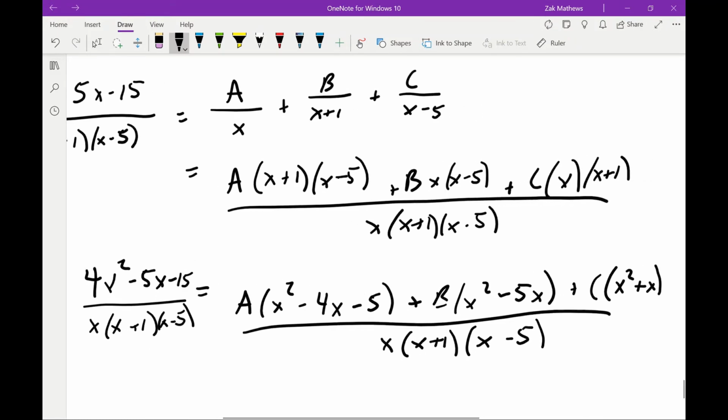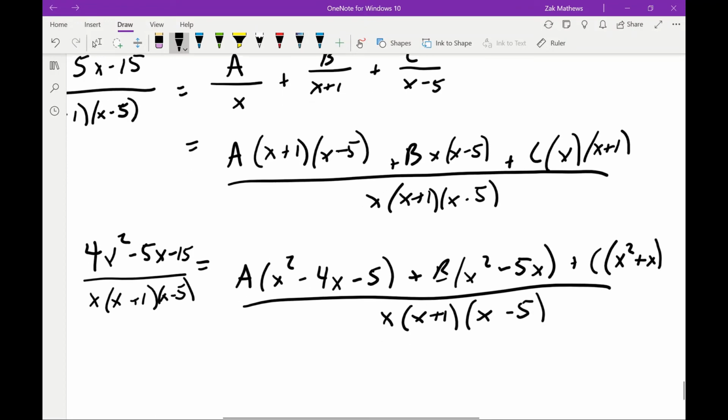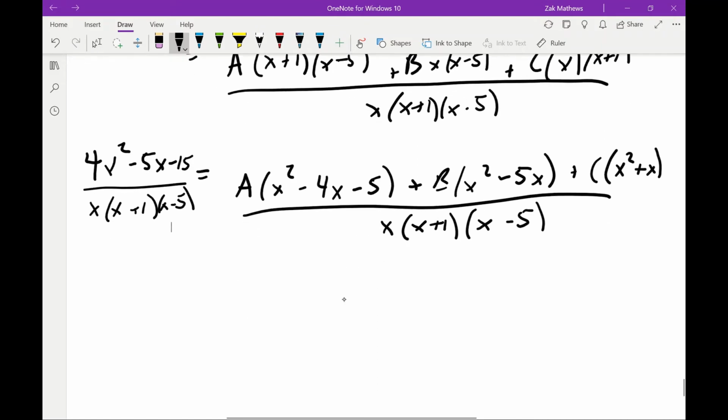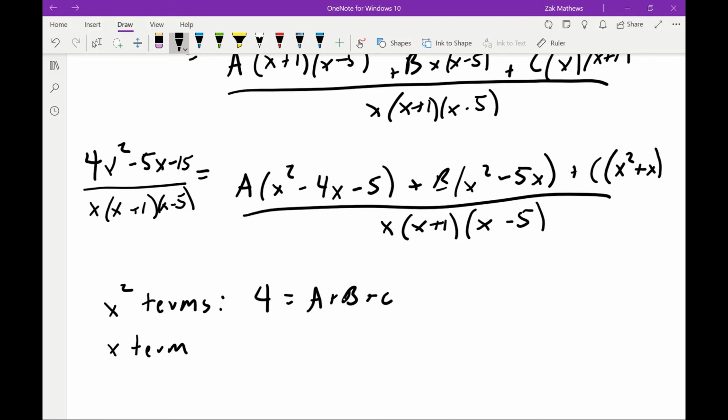All right. In the last example, I went ahead and just multiplied out the a's, the b's, and the c's. I don't need to do that. I think it's actually more obvious when I leave it factored out because I can see that we have an x squared term here, here, and here. So those are all the a's, b's, and c's. So the x squared terms would be 4 on the left-hand side, a plus b plus c on the right-hand side. On the left-hand side, our x term is a negative 5.